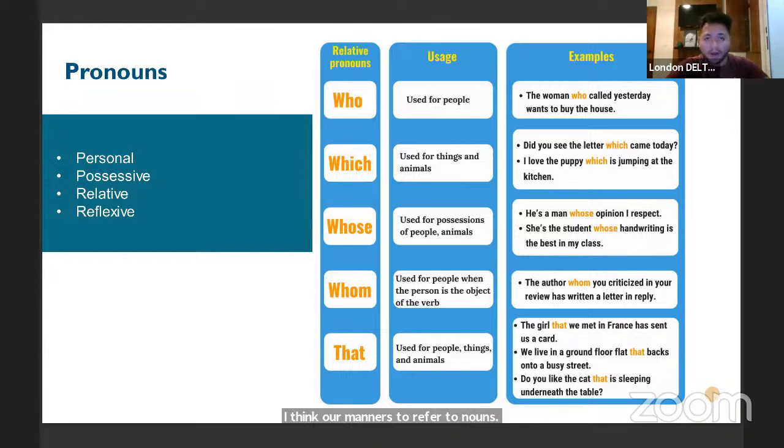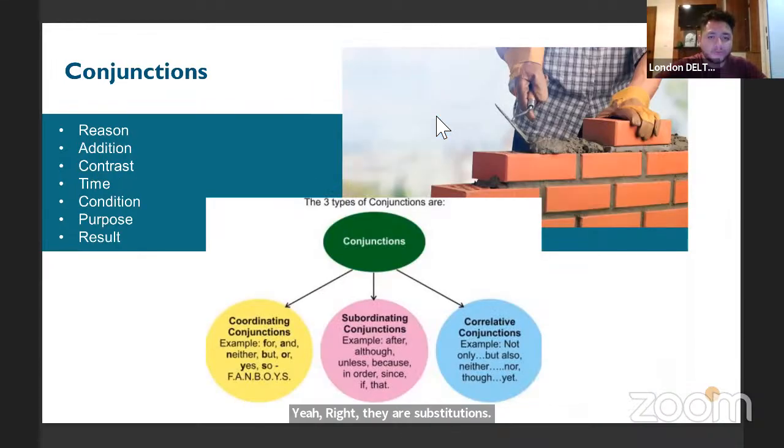The pronouns are substitutions for the nouns. If I don't need to tell your name, for example, I don't need to say Ale, I can say she, right? So the pronouns help you not to repeat the noun, but they point at it, right? Se refieren al sustantivo, lo sustituyen, right? They are substitutions to the nouns.